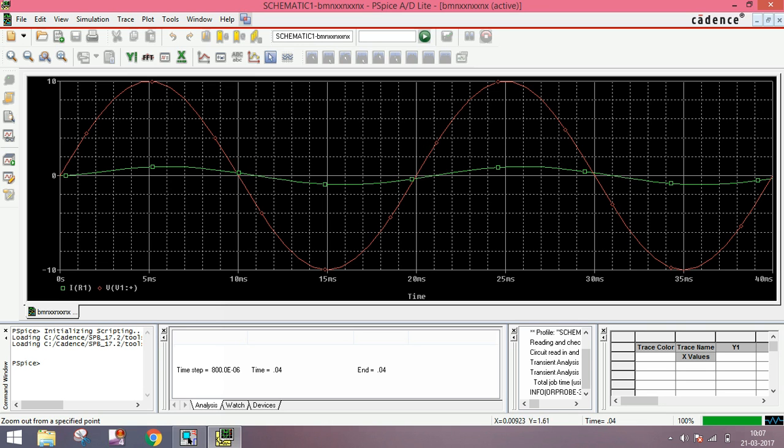So here you can see voltage leads the current, and also current lags the voltage. But how much does it lag, how much is this division? You can see I think 0.5, 11, 11.5, 12.